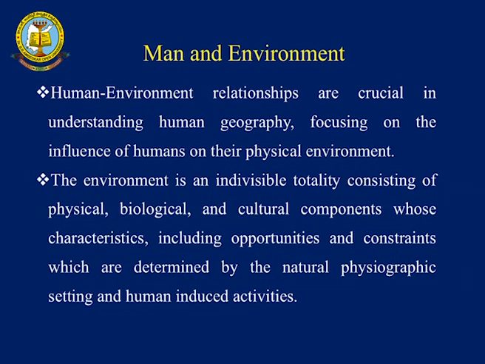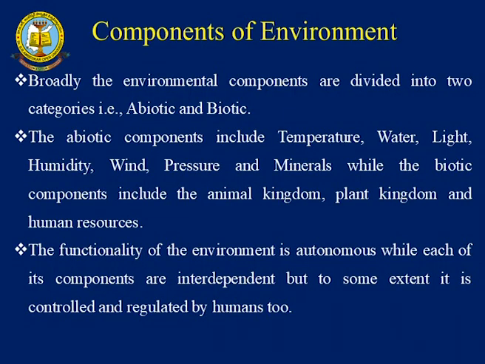Human-environment relationships are crucial in understanding human geography, focusing on the influences of humans on their physical environment. So whenever the man and environment component is there, let us see the components of the environment first. Broadly, the components of the environment are divided into abiotic and biotic components.